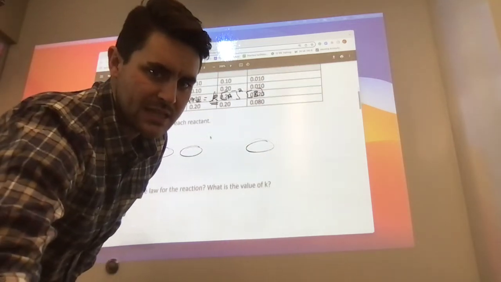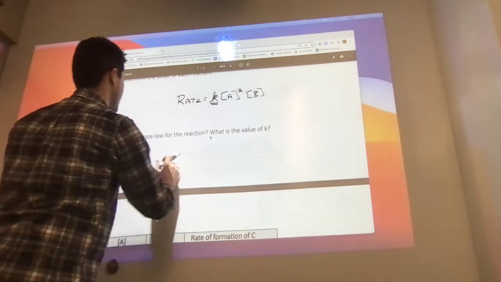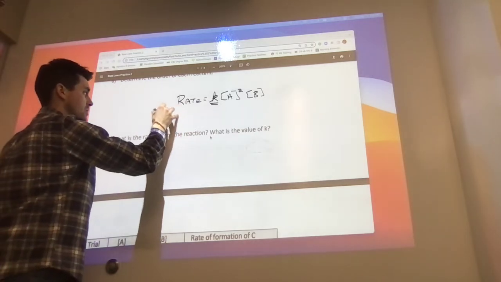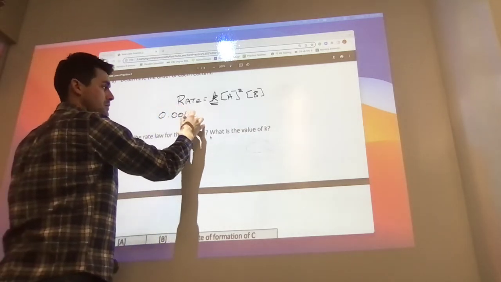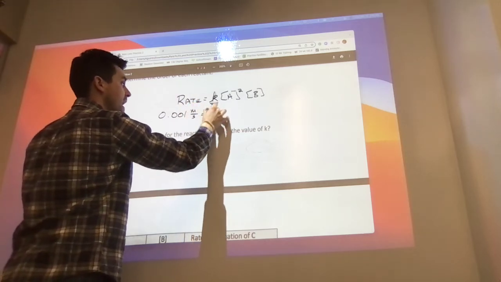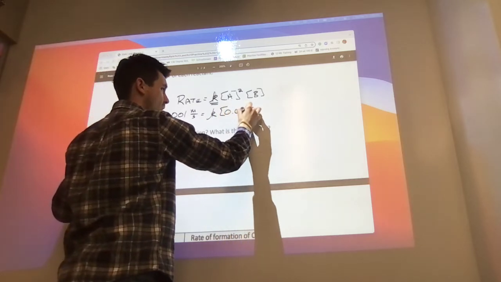So I'm going to slide this thing down here, and let's go ahead and do it. We said that the rate from above was 0.001 molar per second equals K times the concentration of A, which was 0.01.